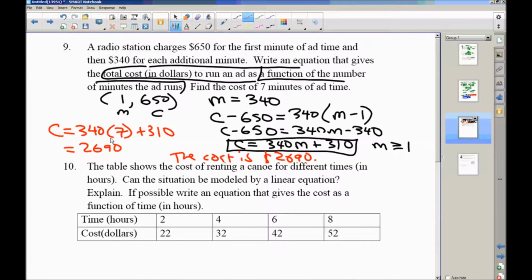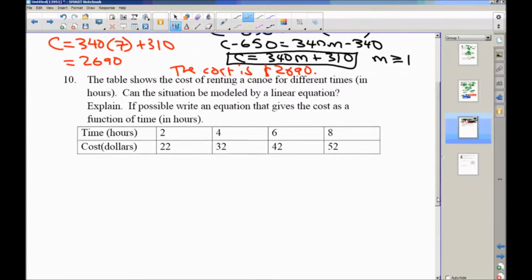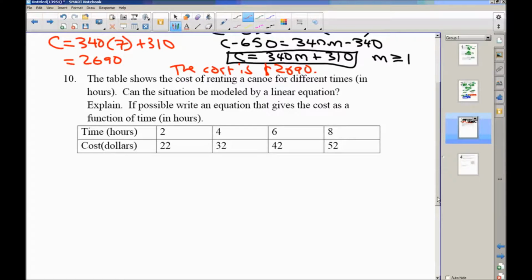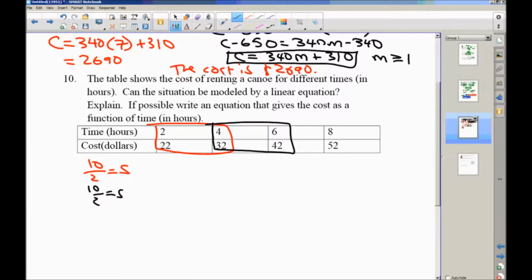Number 10, the table shows the cost of renting a canoe for different times in hours. Can this situation be modeled by a linear equation? Explain. So this is yes. If we find the slope between these 2 points, it's going to be 10 over 2 for 5. And then if we find the slope between these 2 points, it's going to be, well, 10 over 2 for 5. And the same with the last one.